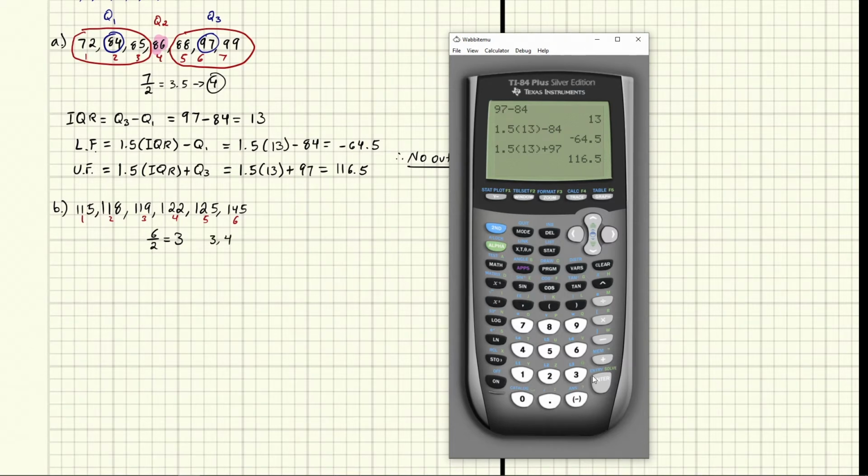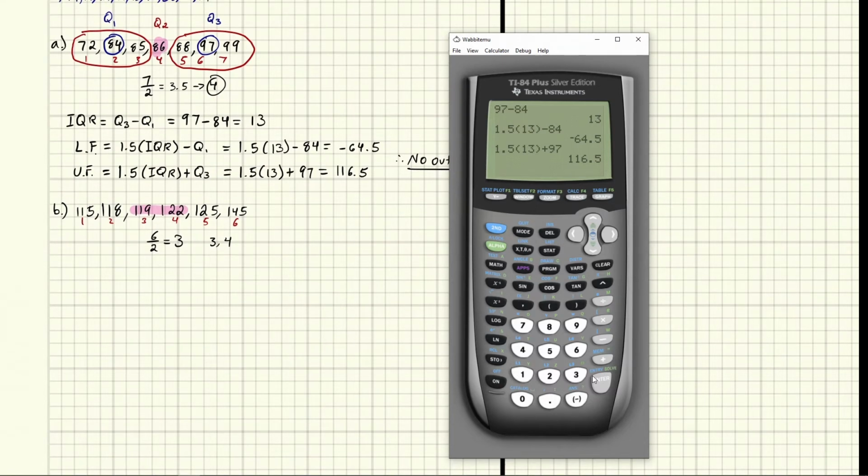So we're going to take 119 and 122, because that's the third and fourth number, and we need to find the middle of those. So we're going to use the midpoint formula. 119 plus 122, then we divide by 2.